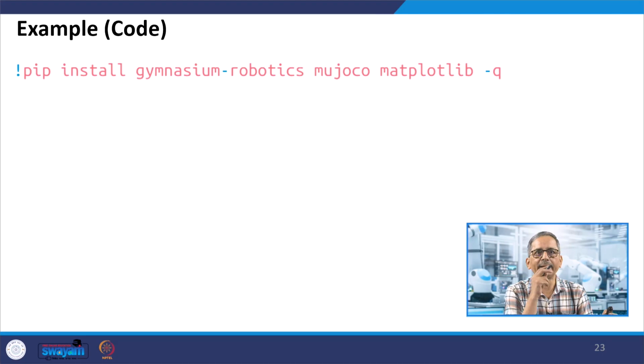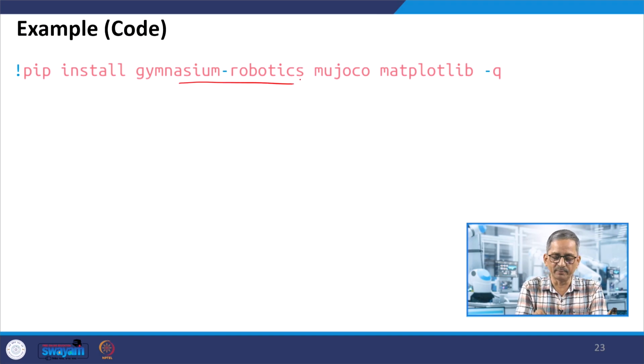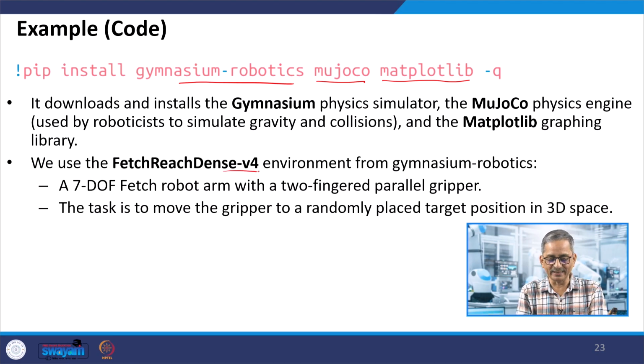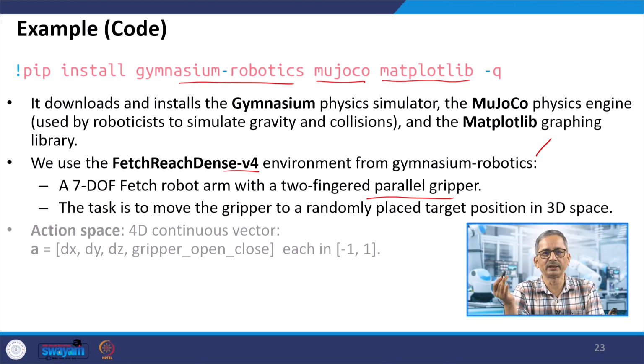Okay. Now, let us see the example with the help of a code. So, we install Gymnasium, Robotics, MuJoCo and Matplotlib. We use the FetchReachDense-v4 environment from Gymnasium Robotics. It is a 7DOF Fetch robot arm with a 2-fingered parallel gripper, and the task is to move the gripper to a randomly placed target position in the 3D space.